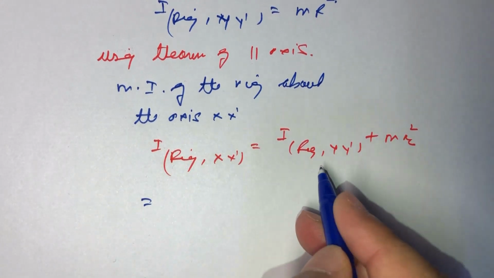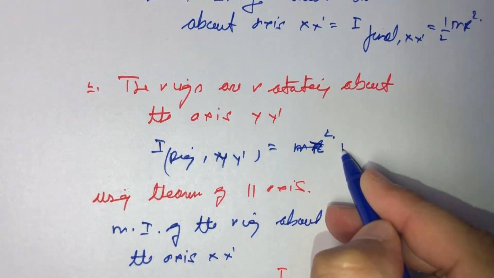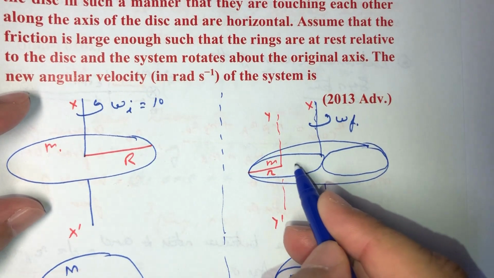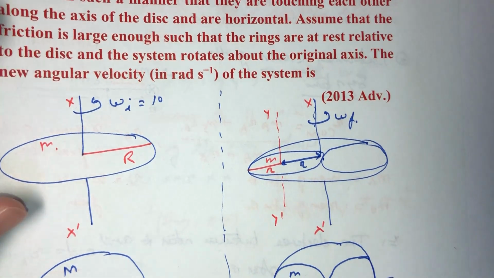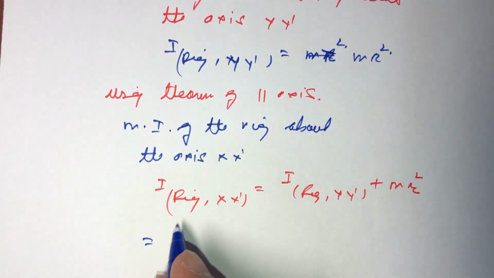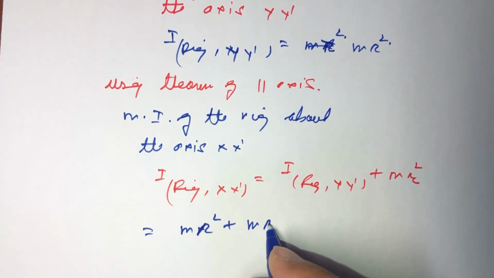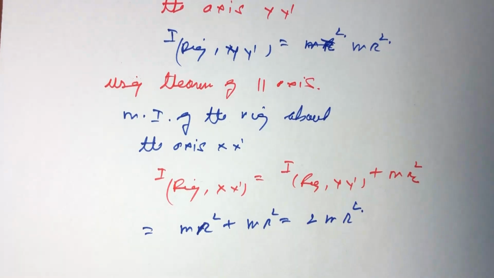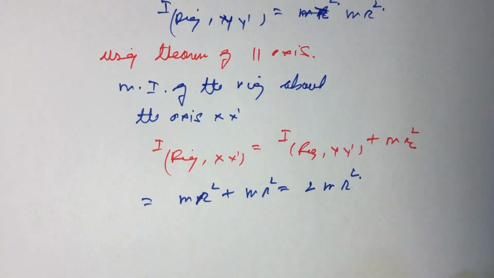So we get mr square plus mr square, which gives us 2mr square. And this is for one ring.